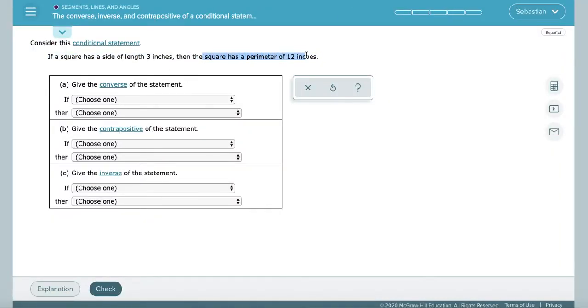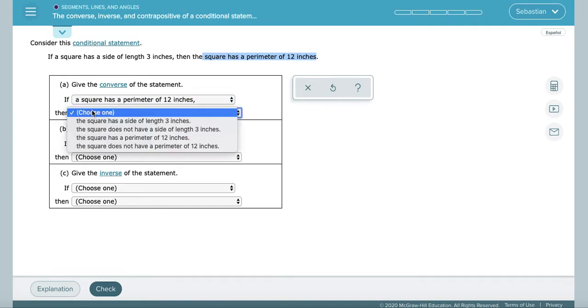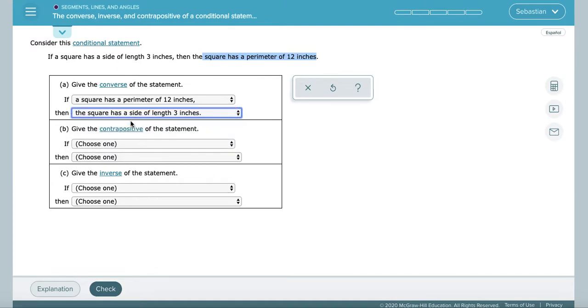This is going to become my P, my hypothesis now. So if a square has a perimeter of 12 inches, then it's going to be this part now: a square has side lengths of 3. All I did was switch the P and the Q.